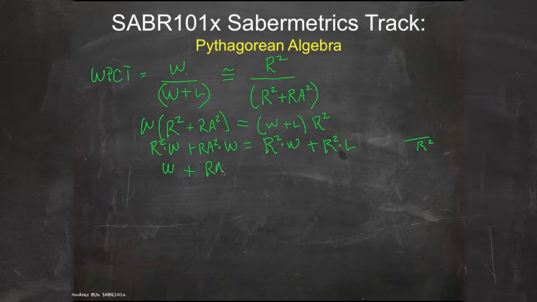RA squared times wins divided by runs squared. The runs squared here just cancels out. And this is wins plus losses. Both of these terms, the runs squared drops out.